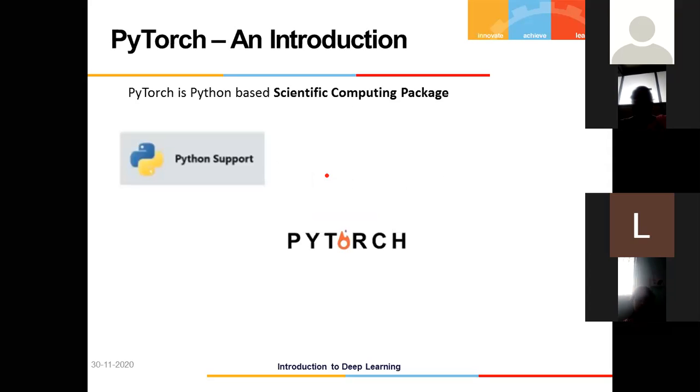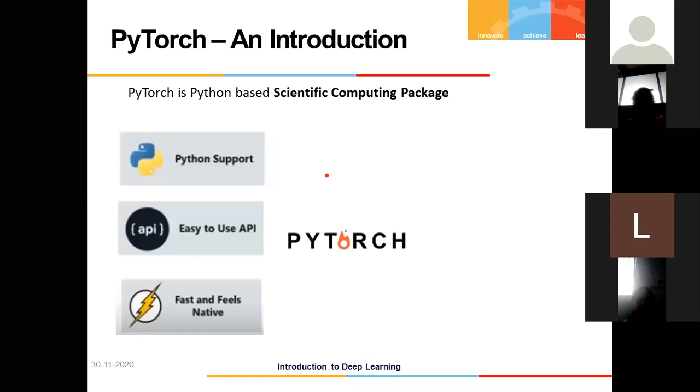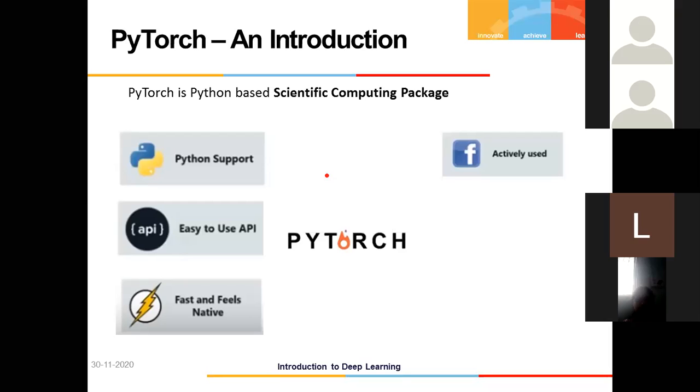Python itself is a very easy and adaptive language which you can learn easily, and it uses very simple APIs. That's why it is easy to use, and it is very fast. Since it is purely developed using Python libraries, you feel native when you use Python.